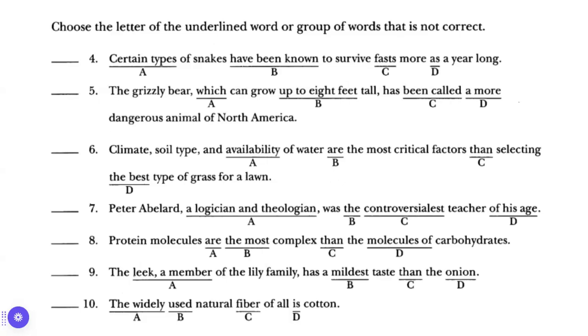Okay, remember that in this type of exercises, you must choose the word or group of words that is not correct. Let's do the first one together. Number 4. It says, certain types of snakes have been known to survive fast more as year long.